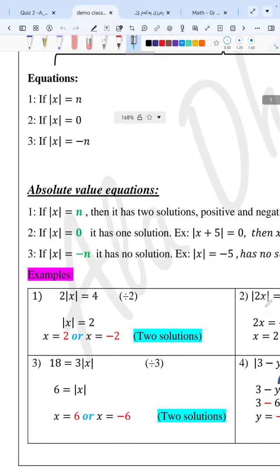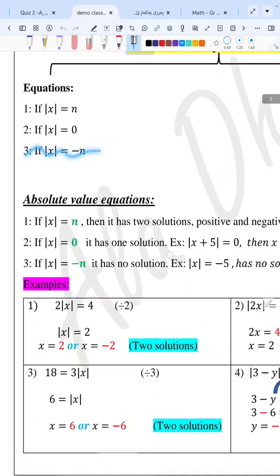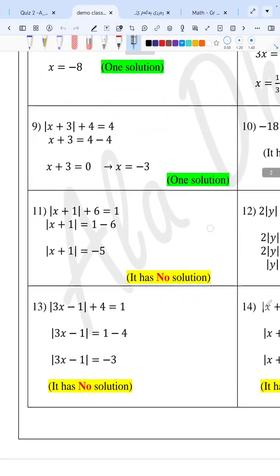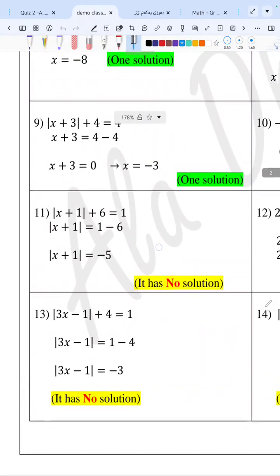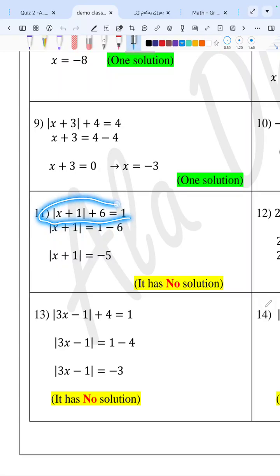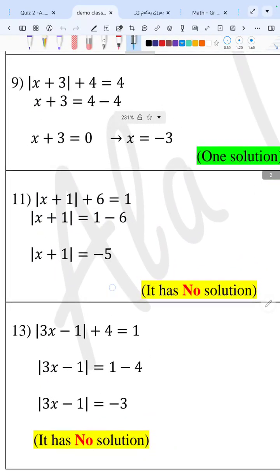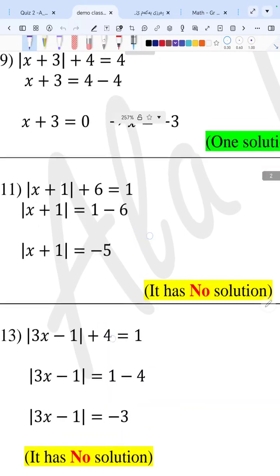The third case in absolute value equations: when it equals a negative number, we will say it has no solution. In this example, can I decide directly it has no solution? No, you have to solve it. As I told you, the absolute value must be alone, then you can decide. Which case is it? Okay, let's see.